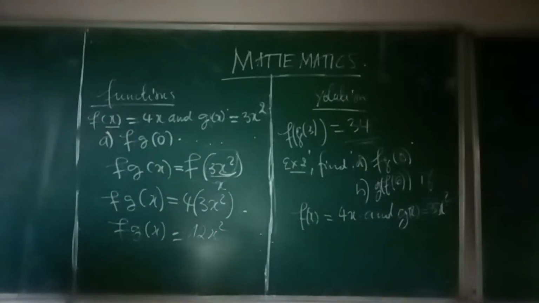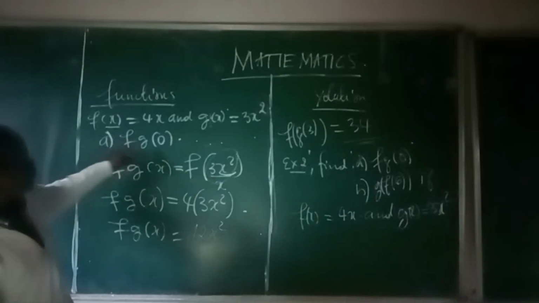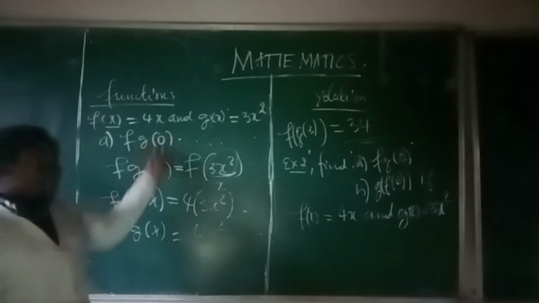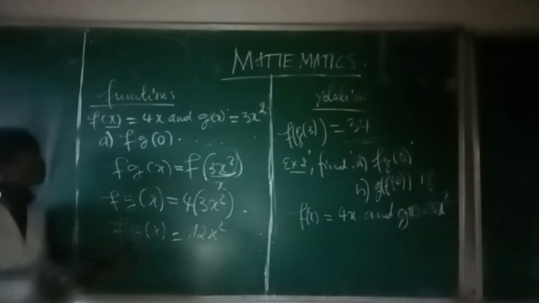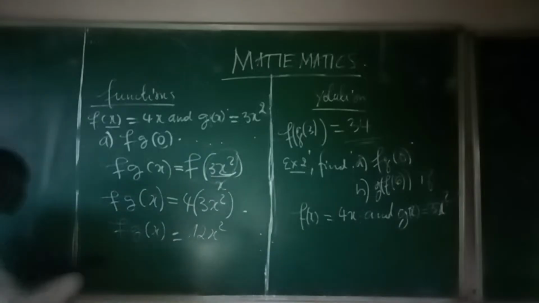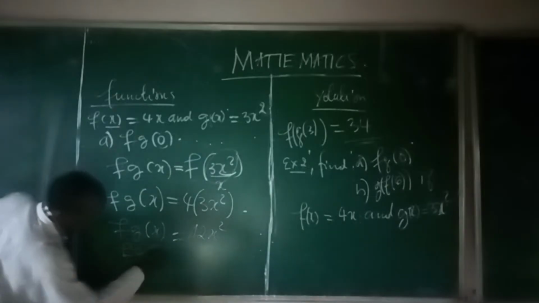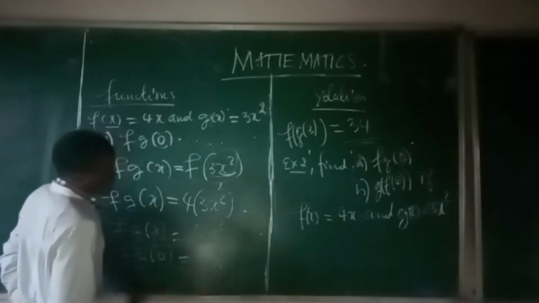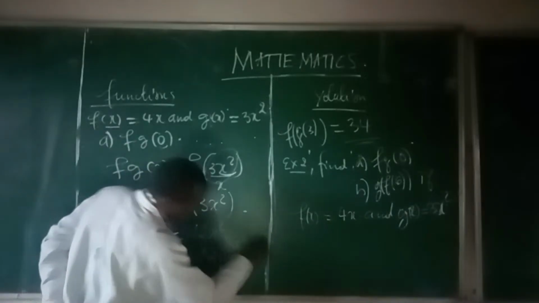Then we have been asked to find f of g of 0. Now, where x is in our combination of two functions, you have to put this 0. Then f of g of 0 will be 12 times 0 squared.